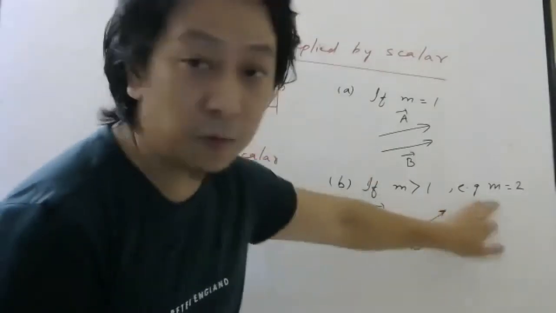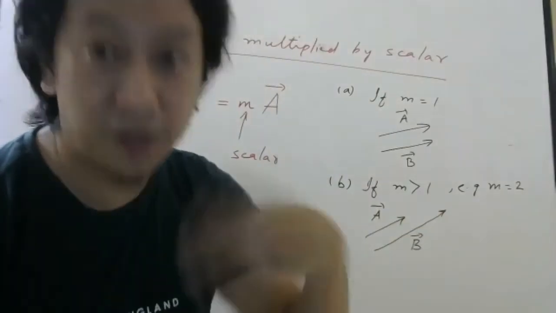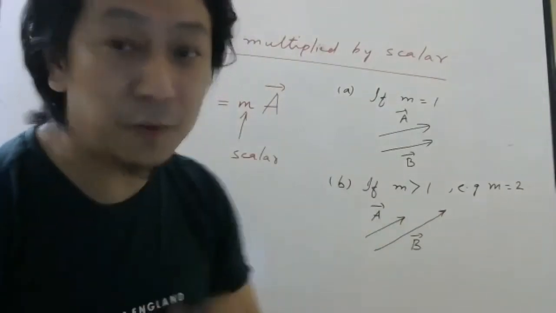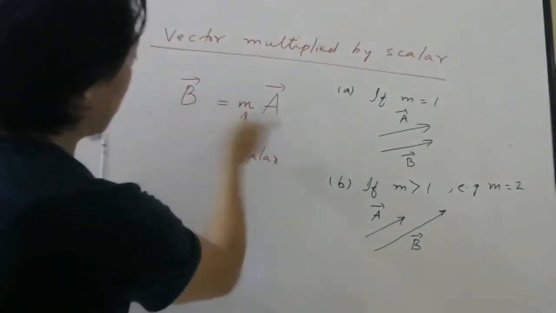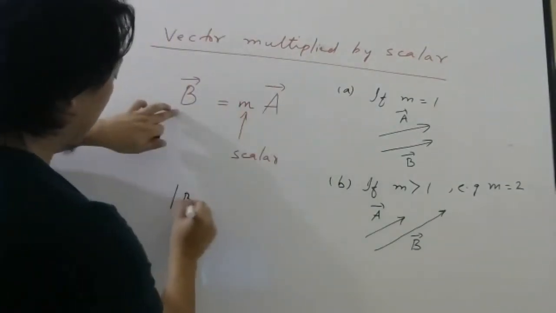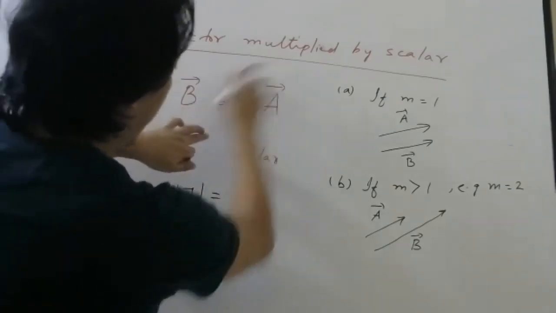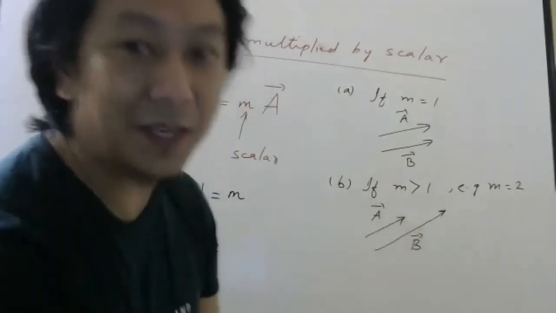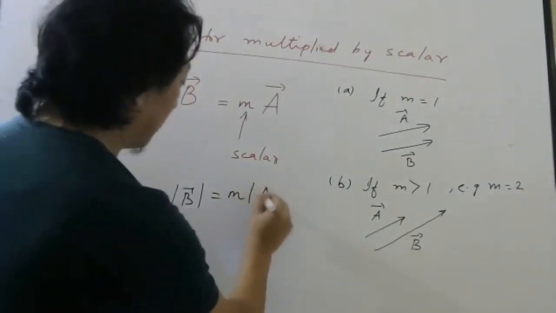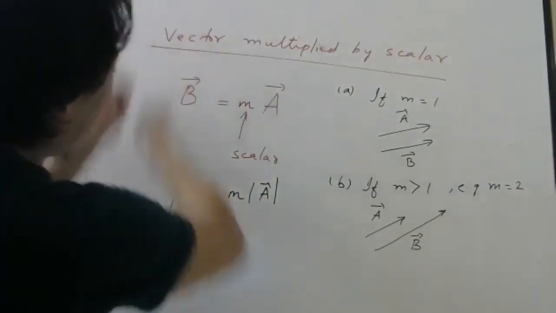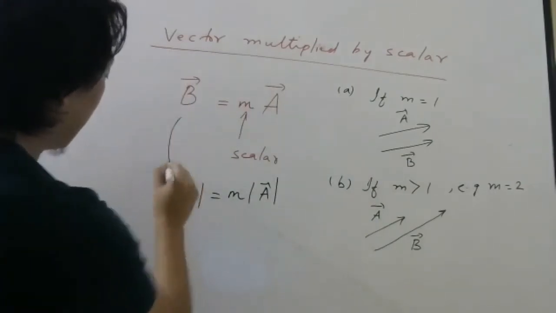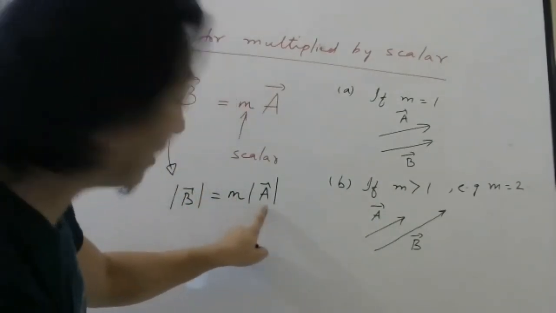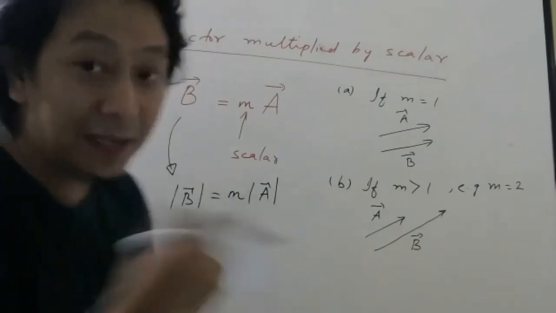But if you multiply with a number 2 or 3 or 1.5 or 1.2, greater than 1, then if you take magnitude both sides, the magnitude of B bar will be M times the magnitude of A bar, because the magnitude of a number is the number itself.